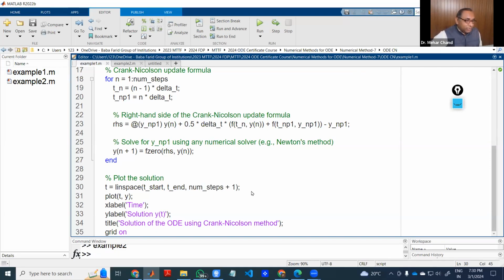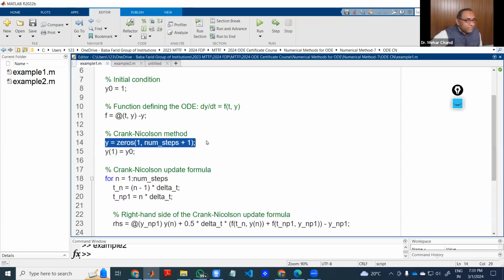So these are the total number of points for the given interval. The length of both t and y must be equal, and only then will the plot be possible.